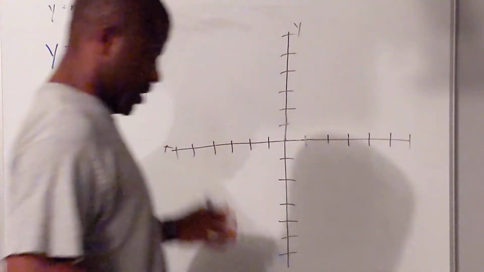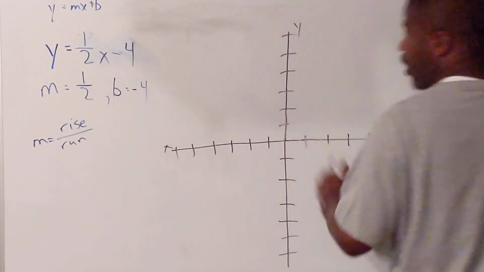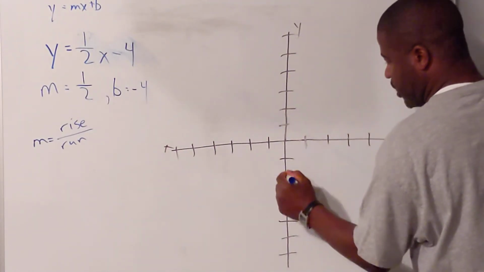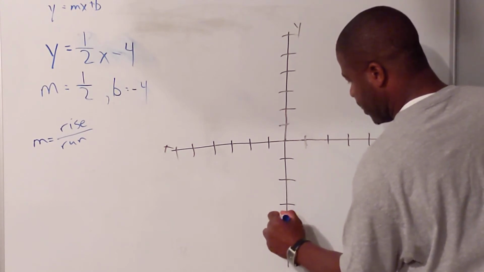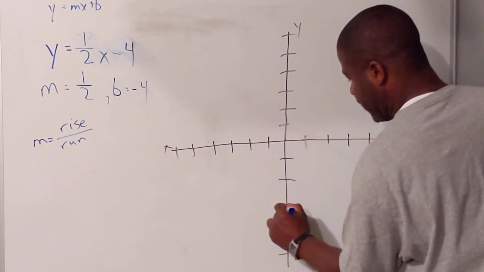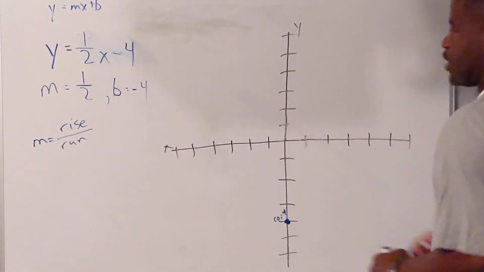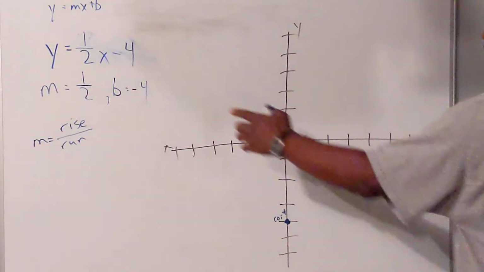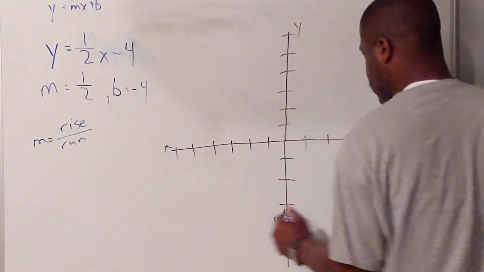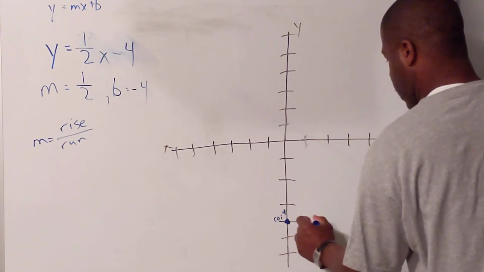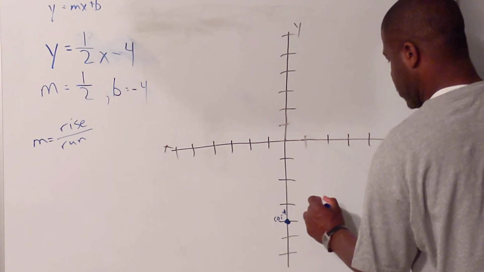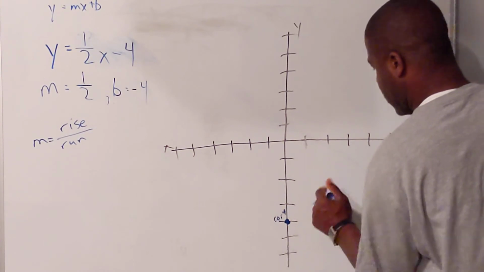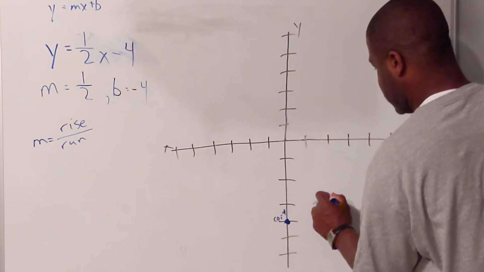So now, that means we come down on the y-axis, 1, 2, 3. So that's going to be what? 0 and negative 4. Because the x is 0, y is negative 4. And now, we go over 2 units to the right. 1, 2, and then 1 unit up. Over 2, 1 unit up.